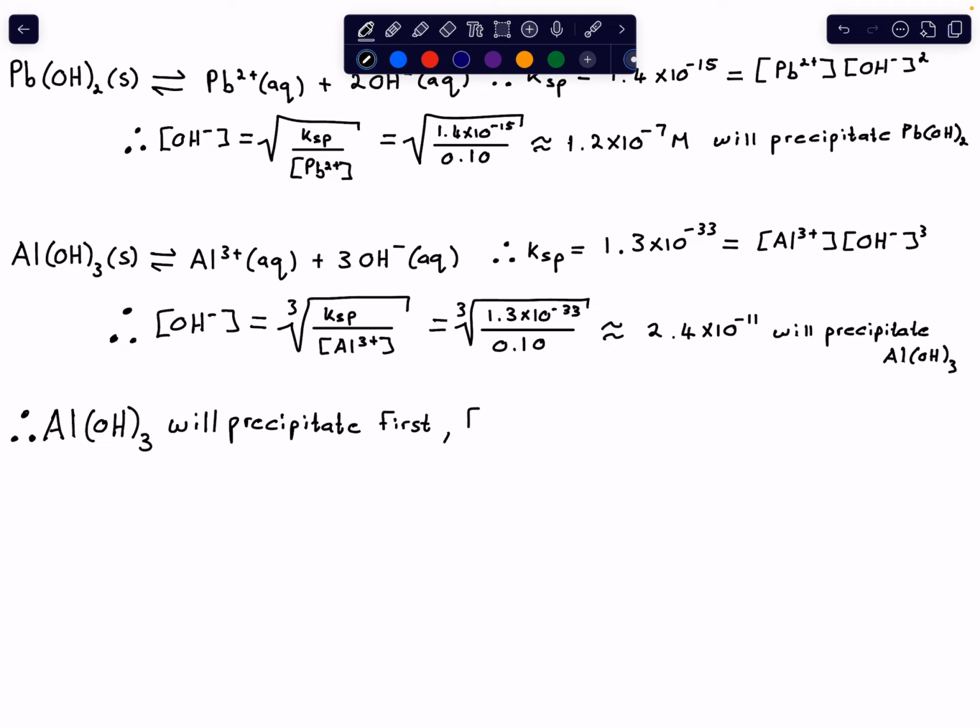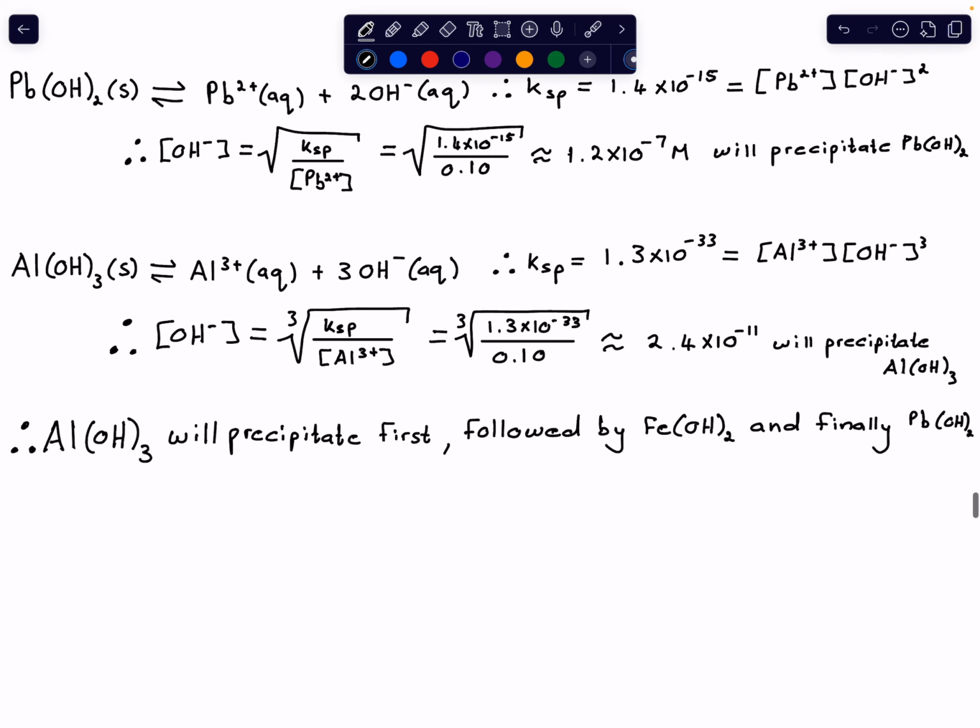Which is followed by iron hydroxide, and finally, what is that? Lead hydroxide.